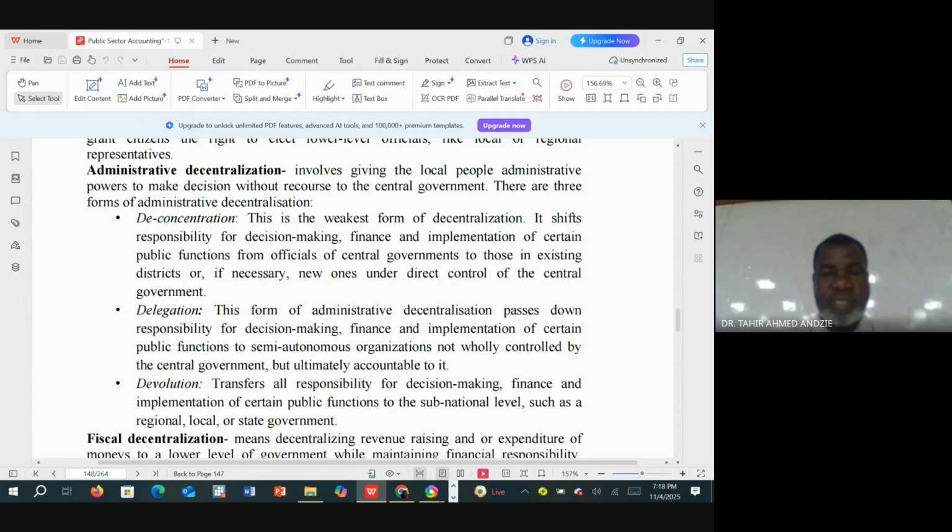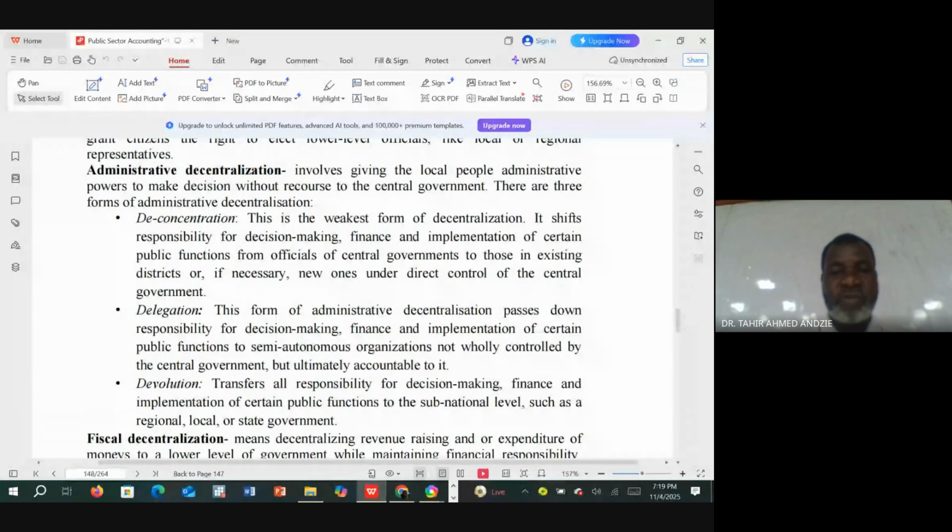So the decision had been transferred from the central government to the district, but it is still under the control of the central government. So we are saying that this type of decentralization transfers or shifts responsibility for decision making, finance, implementation of certain public functions. So in this case, the functions are even limited under the deconcentration.